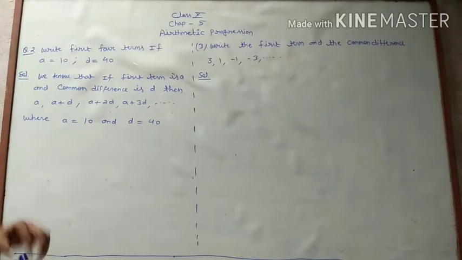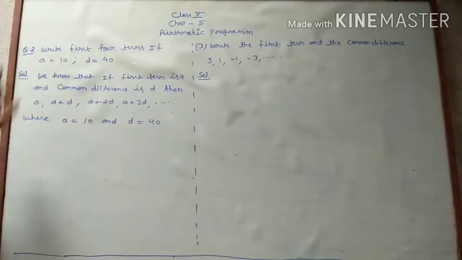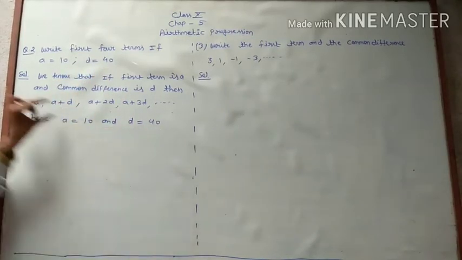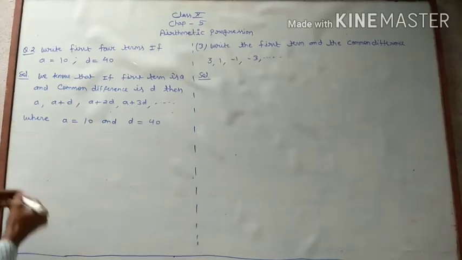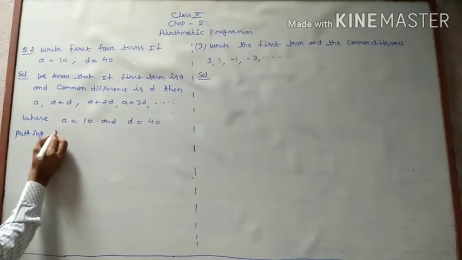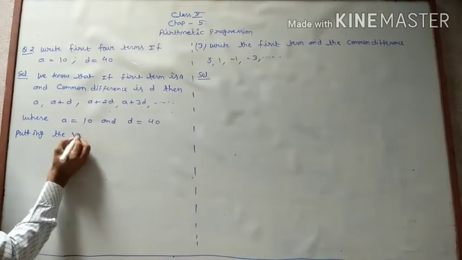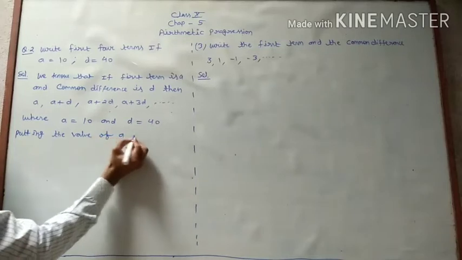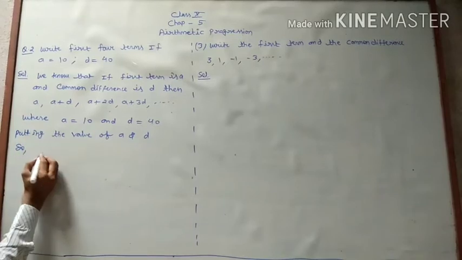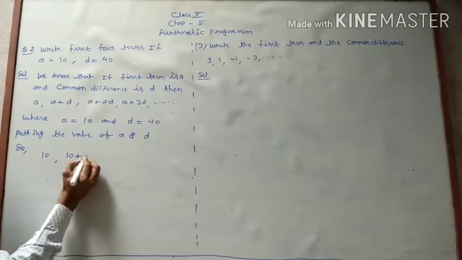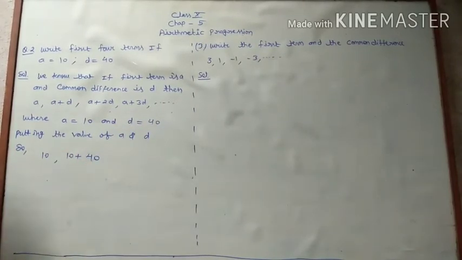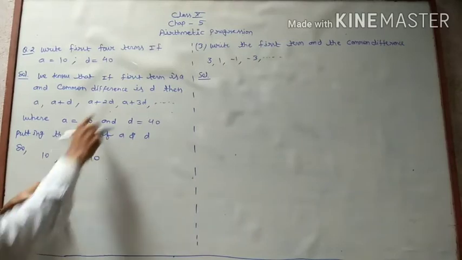Okay friends, here you can see, write the first four terms if A equal to 10. So here A equal to 10 and D equal to 40. And this one is AP, so you have to put the values of A and D. So the A value is 10, comma 10 plus D, where the D value is 40.